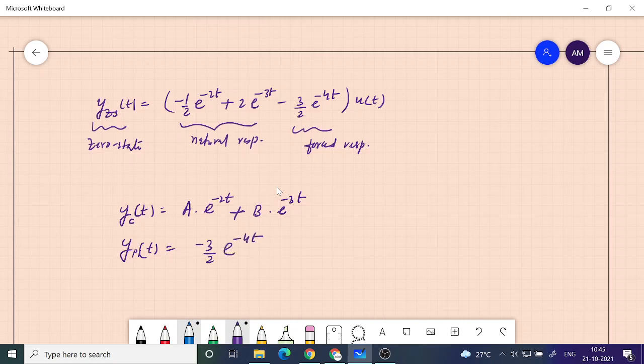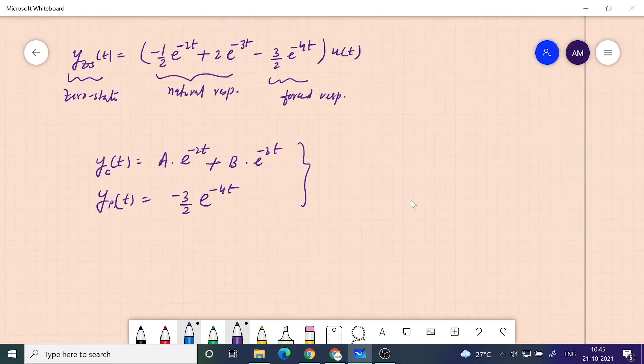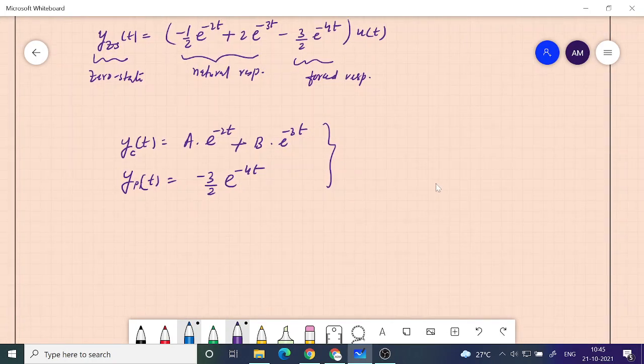So this way you will get two results, and then you say the total solution is the sum of these two. I am just outlining what you would do in the mathematical method of solution, which is basically the sum of this and this. So that is your y of t, which is the total.